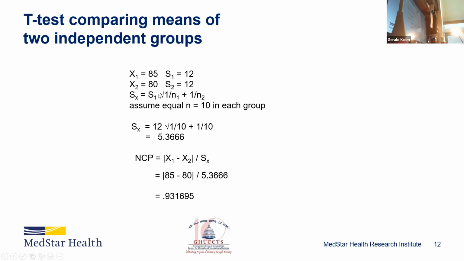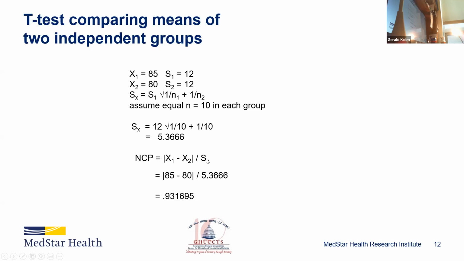So if we calculate this out, then our standard error here, our standard deviation of the sampling distribution, is equal to about 5.4. And our non-centrality parameter here, in other words, sort of like the p-value in the alternative distribution, is the difference between the means divided by the standard error, or the standard deviation of the difference.